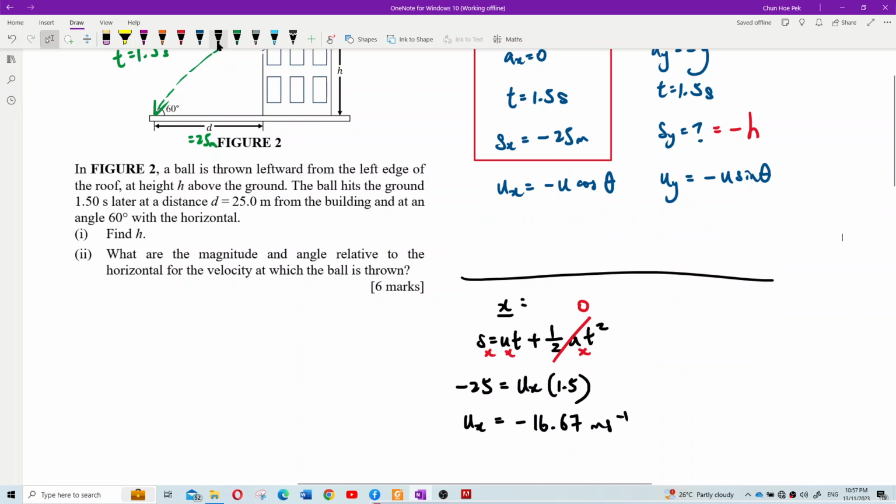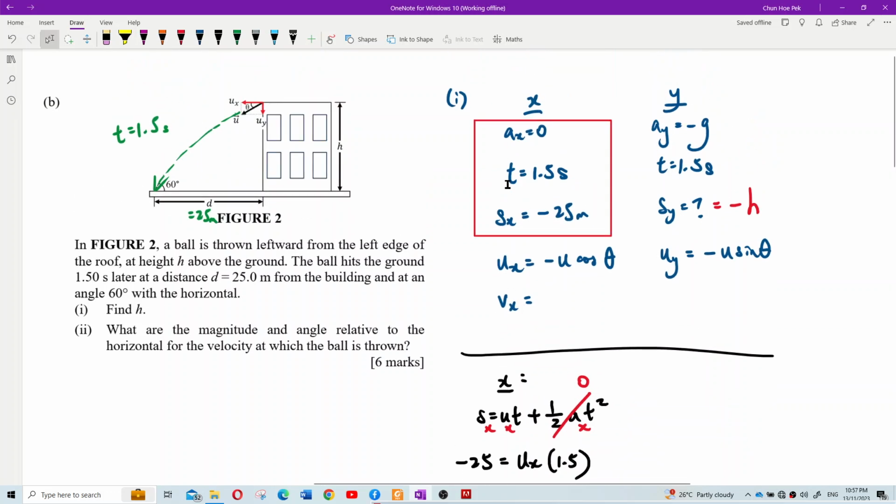The one more piece of information is Vx and Vy. At this point, going down here, it has two components, an x component and a y component. So this is Vx, this is Vy. The 60 degree means here is 60 degree.